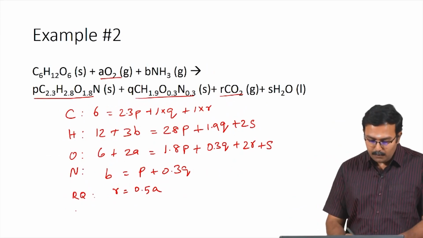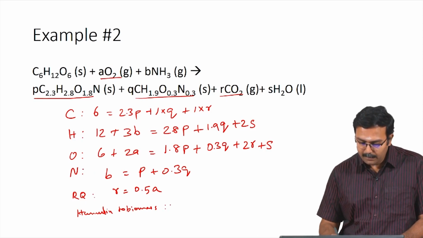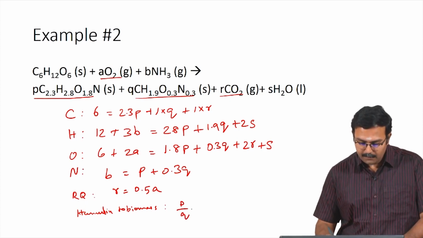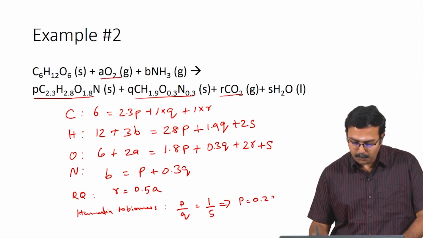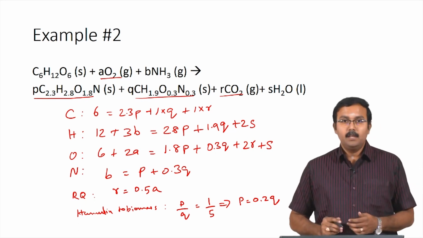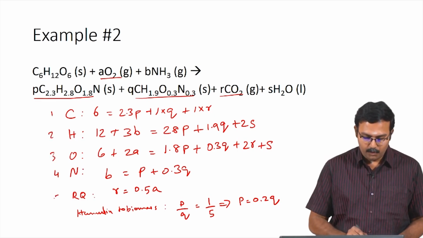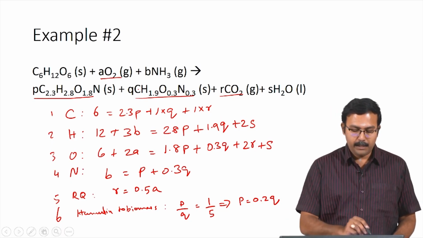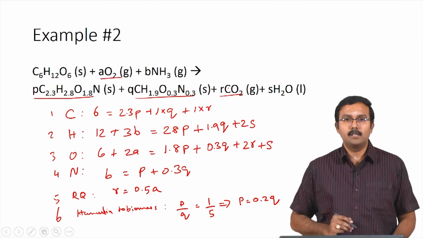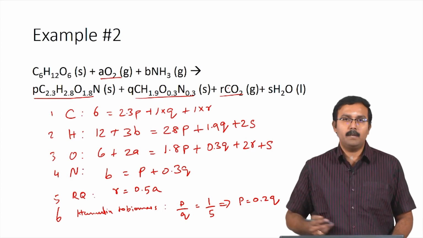So, this means we know that humulin to biomass ratio would be P divided by Q equals 1/5, which implies P equals 0.2 Q. We now have 1, 2, 3, 4, 5 and 6 equations, and we have A, B, P, Q, R and S, which are 6 unknowns. Solving these equations simultaneously, we will be able to get the values for these stoichiometric coefficients.